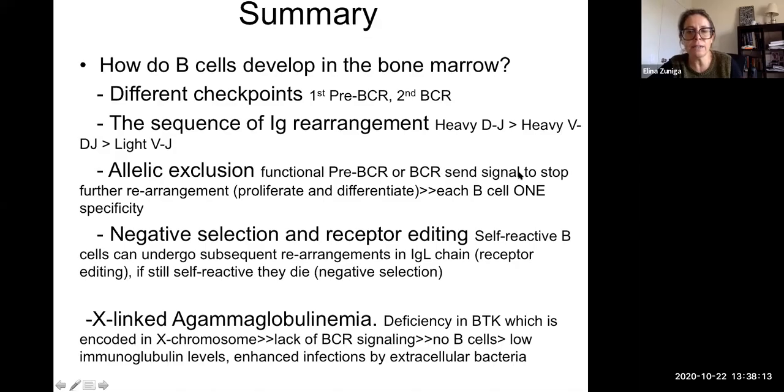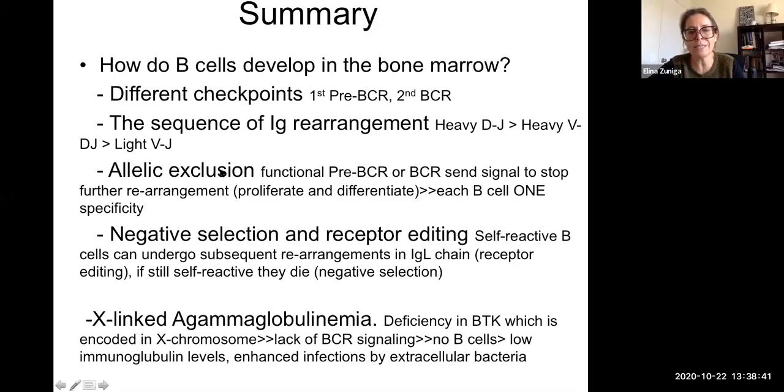sends a signal once it is expressed on the surface, just by being expressed without seeing antigen. If they are successfully expressed because there was a functional rearrangement, they will send a signal to stop further rearrangement, and that's allelic exclusion. This signal will also lead to proliferation and differentiation into the next stage of development.